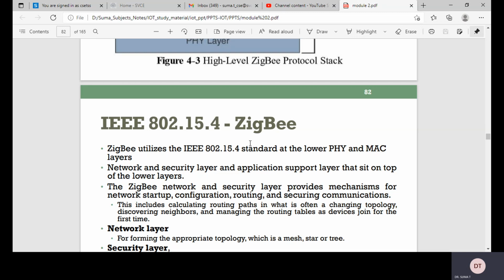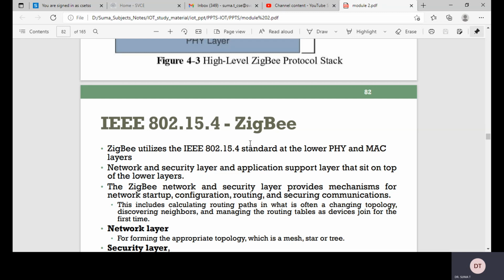The traditional ZigBee stack, as mentioned in the diagram, utilizes the IEEE 802.15.4 standard. It will have the physical and MAC layers, right?